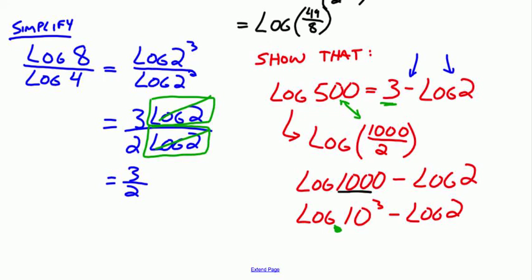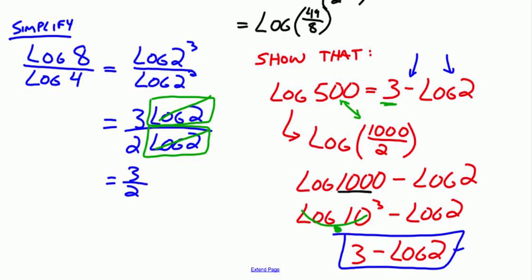So I know that these things will cancel out. So this all cancels, and we're left with 3 minus log of 2, which is what we had up top. That thing matches this up here. So we have shown that log of 500 equals 3 minus log of 2.